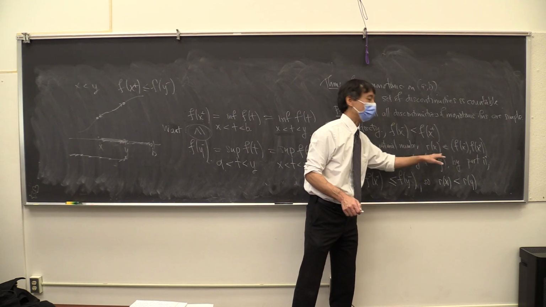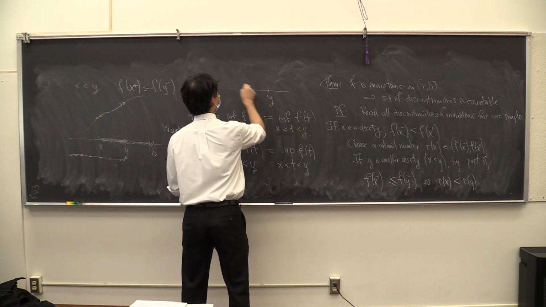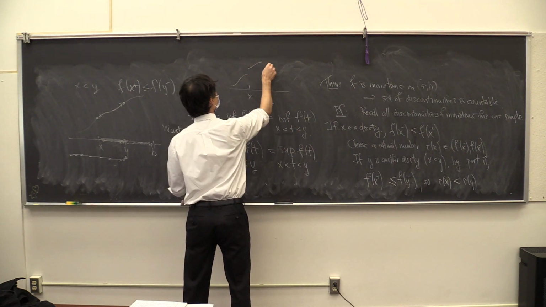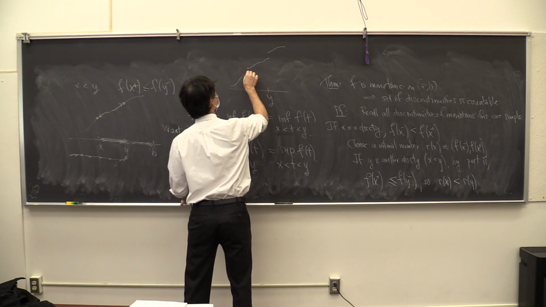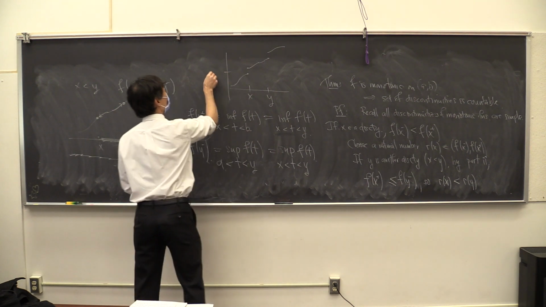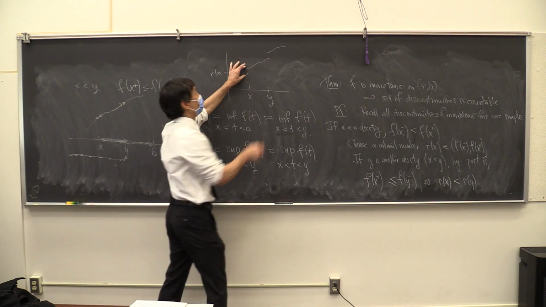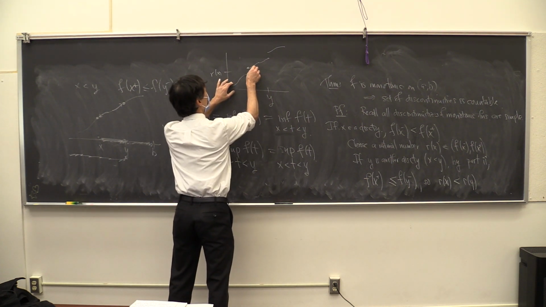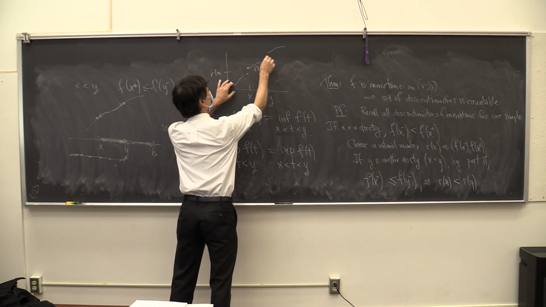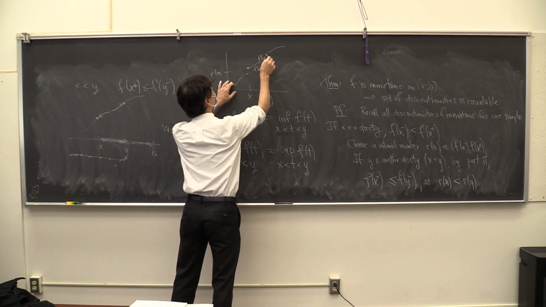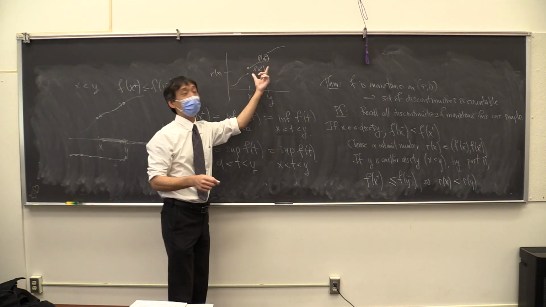But that can't happen because, if you have your x and you have your y, and you have these two discontinuities, your first number is going to lie between these two values. So it's less than f of x plus. But f of y minus is bigger than f of x plus.